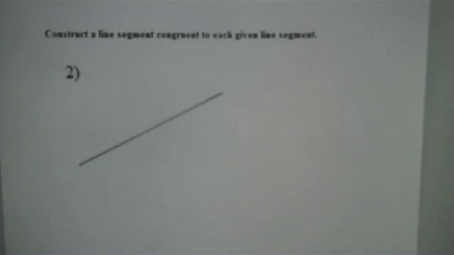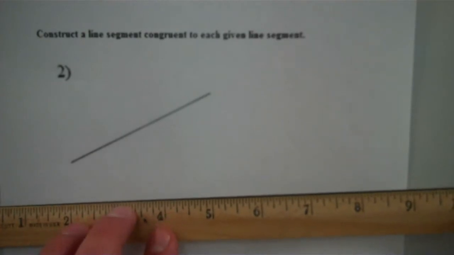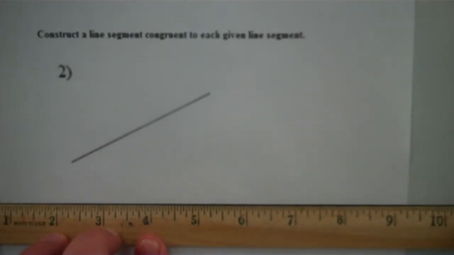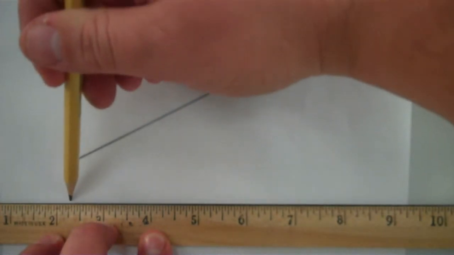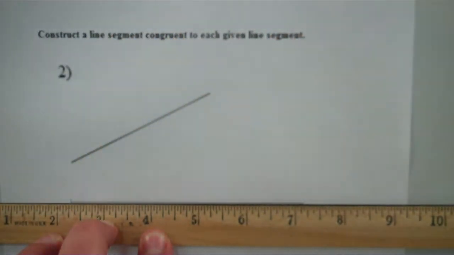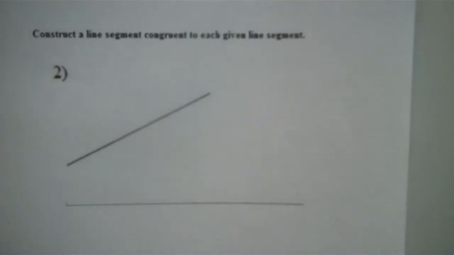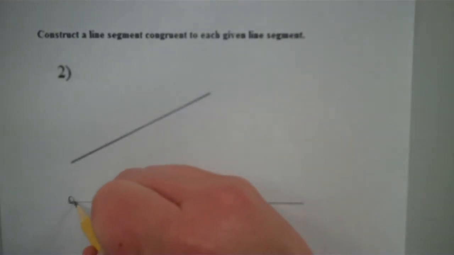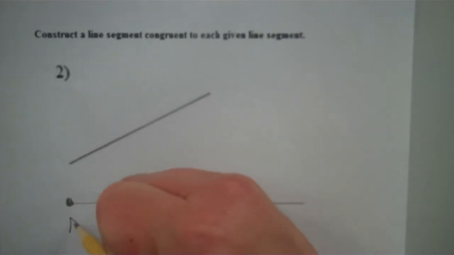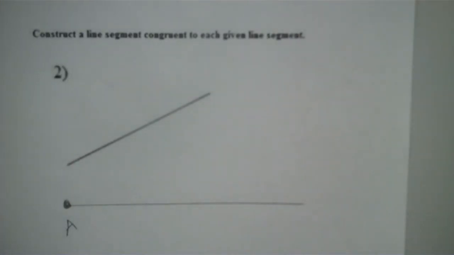Okay, so if you look at number 2 in the packet, the constructions packet, same instructions. We're going to construct a congruent line segment to the above segment. We're going to draw, using our straight edge, a segment or a ray that is about the same length or longer than the one above.